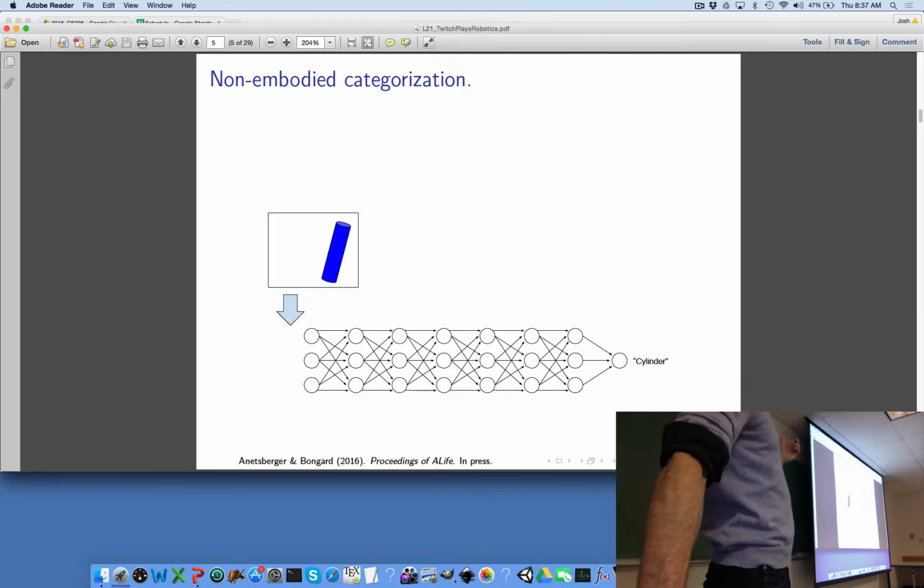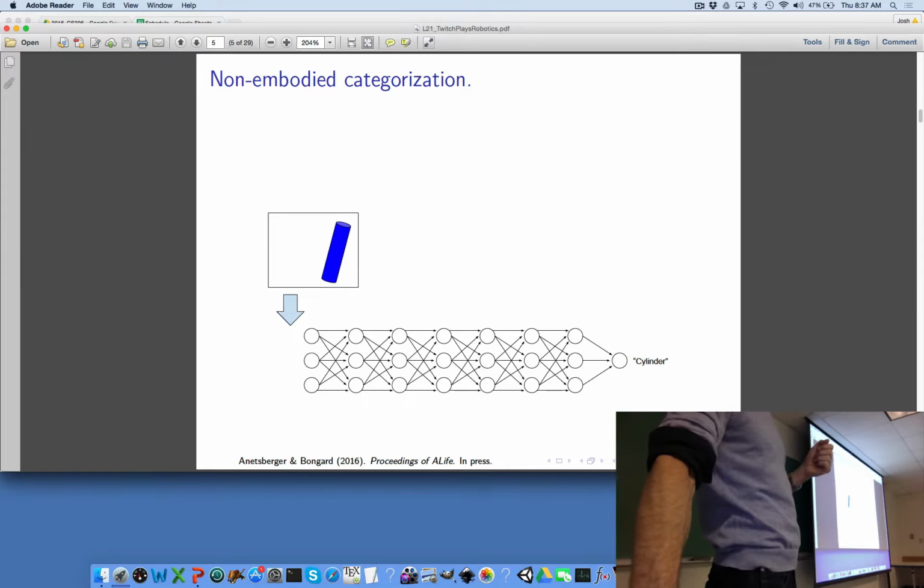Deep belief networks are very powerful pattern recognizers. They do a great job of recognizing objects in images. Does a deep belief network understand a cylinder in the same way that we do, if all it does is have access to images, but this network has never physically reached out and manipulated a cylinder?